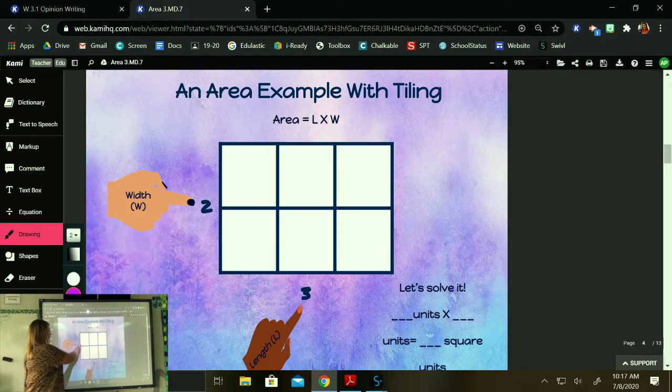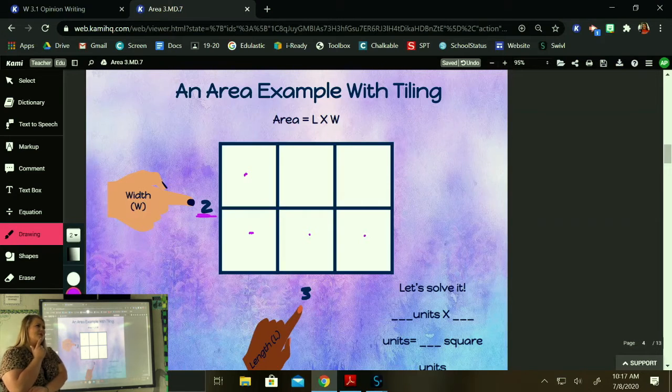Our width, we have 1, 2. Our length is 1, 2, 3. So when we multiply, we have area equals length times width. We have 3 times 2 equals 6 square units. Now, they didn't tell us what our unit is, so I'm going to go ahead and assume that it is units.